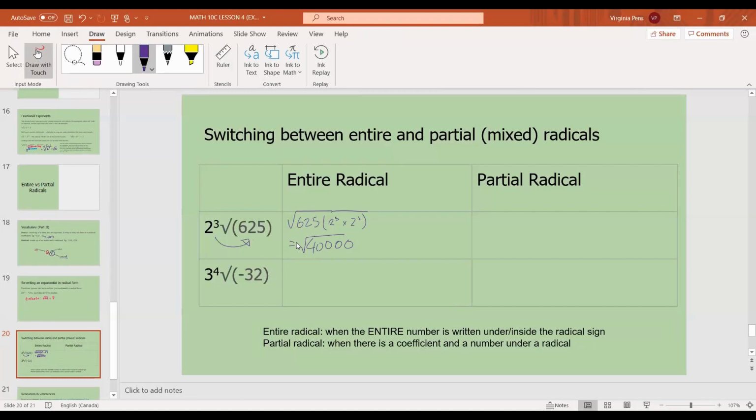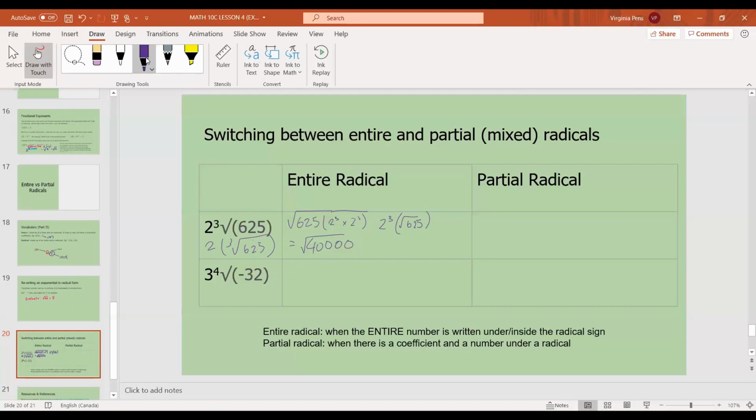Sorry, I need to make sure I did this correctly. Oh no, wait a second. There's something very confusing here, because I didn't write it clearly enough: was the 2 the coefficient with the 3 as the index on the radical, or was it 2 to the 3 times the square root of 625?